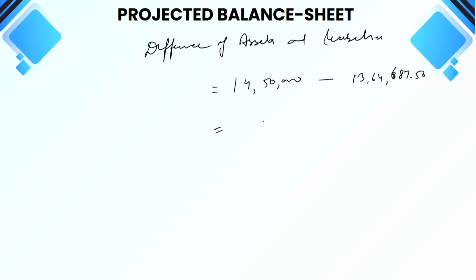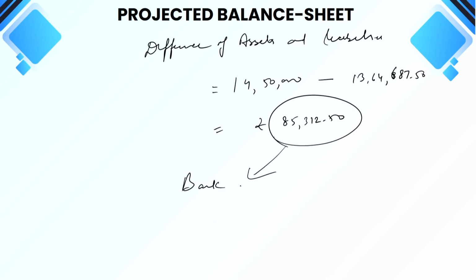We got the difference of rupees 85,312 rupees 50 paisa. So already we have projected the profit and loss figure. So we can take it as bank overdraft with the amount of 85,312 rupees and 50 paisa. If you put this item on the liability side of the balance sheet, you would get the figure of 14,50,000. So your assets will become equal to the liabilities.